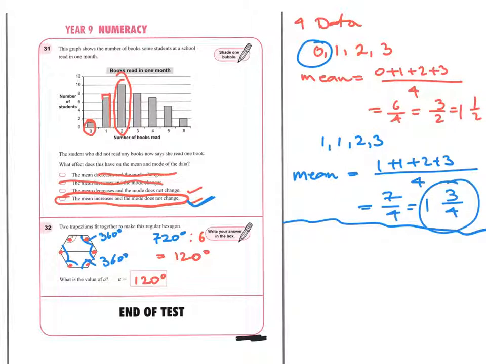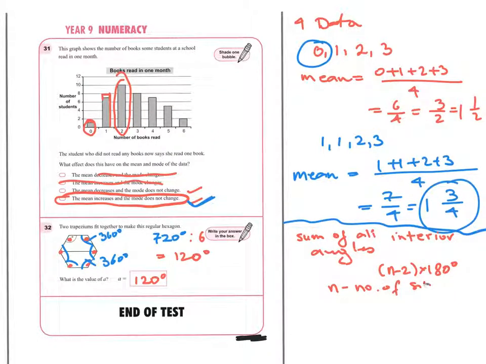The sum of all interior angles is calculated by n take away 2 times 180, where n is the number of sides of the polygon.